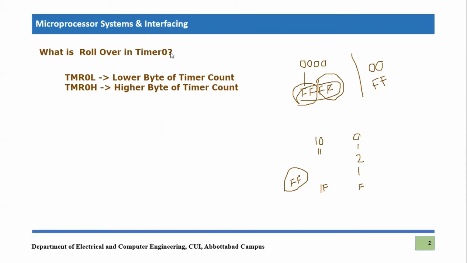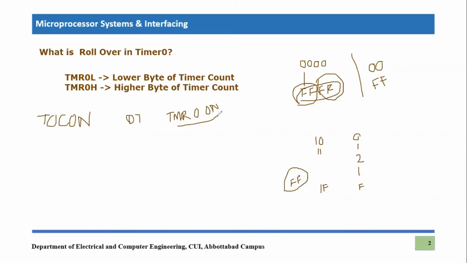If you remember, we discussed the timer 0 control register, and the seventh bit, or D7 bit, was timer 0 on bit, TMR0ON.